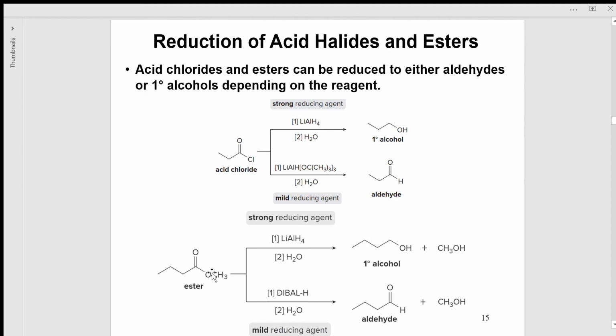In the second example, if we use esters as a substrate with a very strong reducing agent, again the final product is the alcohol. If we use diisobutyl aluminum hydride, a milder reducing agent than lithium aluminum hydride, again the product is aldehyde, the middle product before we reach the final alcohol product.